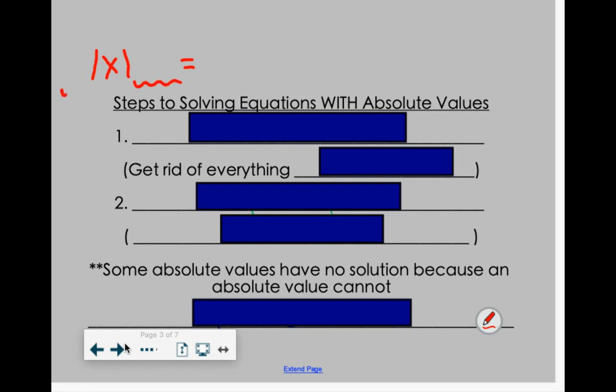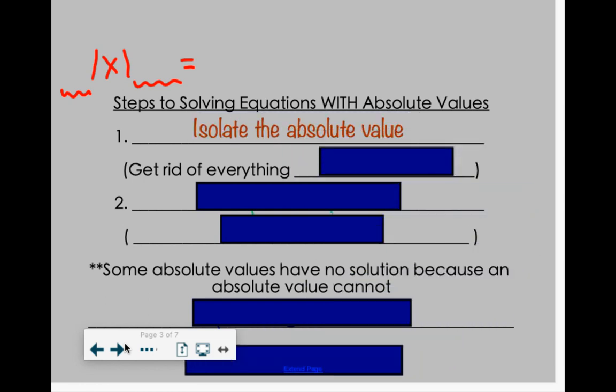And I might add something in front of it that you have to get rid of before it's by itself. So the first thing you have to do is isolate the absolute value. If instead of writing the words absolute value, you want to write this, that's fine with me. Some people like the words, some people like the symbols.